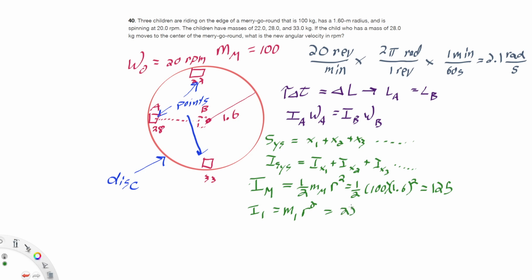So that's 22 times 1.6 squared. For the second kid, it's going to be 28 times 1.6 squared. For the third kid, it'll be 33 times 1.6 squared. I'm actually going to use a calculator for that one. My mental math is running out of juice.